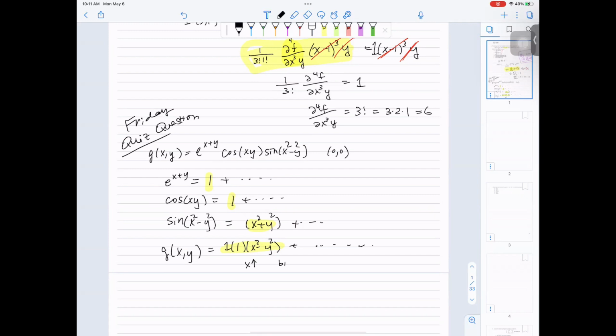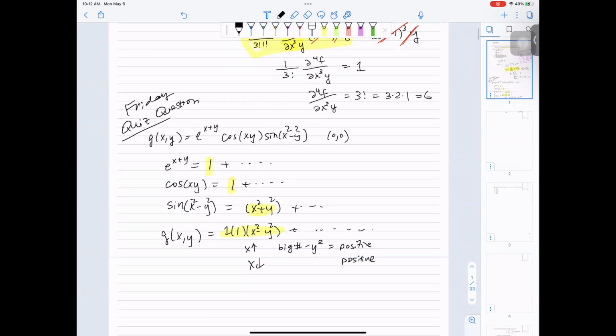Well, we get some huge number minus y squared, which is a positive number. And then as x decreases, same thing happens. We have some huge number minus y squared, so that's positive. And we also looked at what happens as y increases and y decreases. We get super negative because we have x squared minus some huge number.